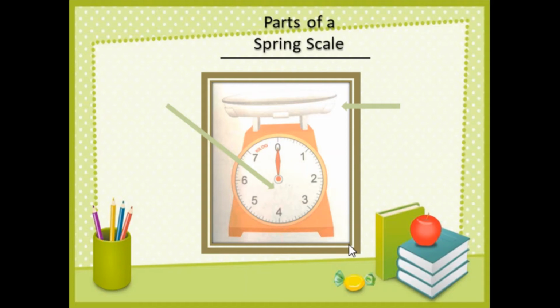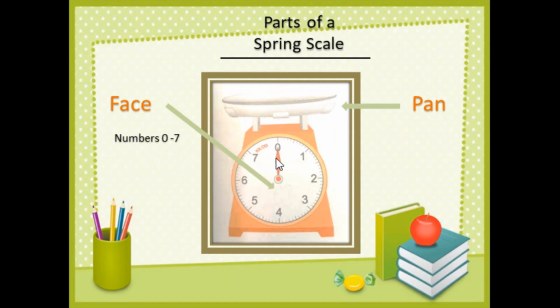A spring scale has two parts. First part is the face. Can you say face? Alright. In the face, you can see numbers 0 to 7.